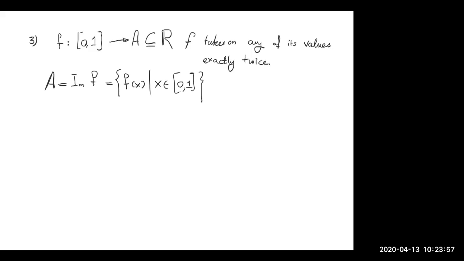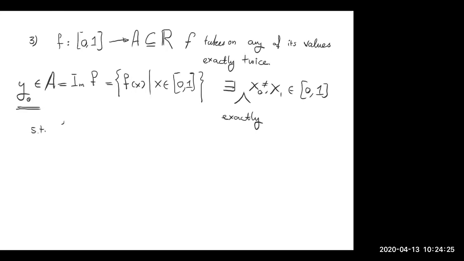Now I'm saying, suppose for any point y in A, there are exactly 2 points, say x0 and x1, in this interval, which are different, such that f of x0 equals f of x1 equals y.